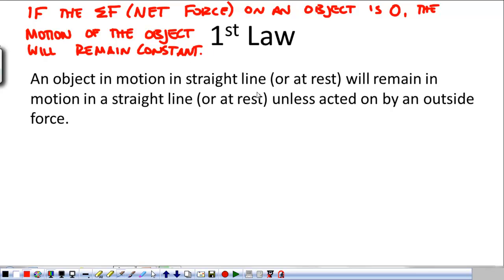So the big idea with the first law is that in the absence of forces, motion is constant. Let's write that down.